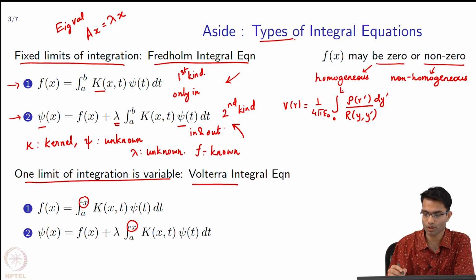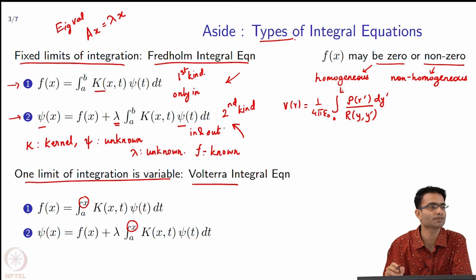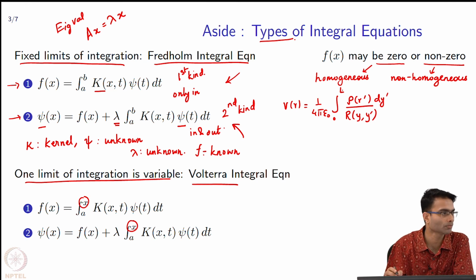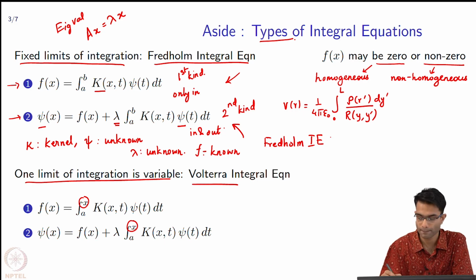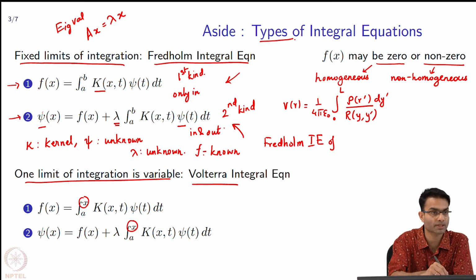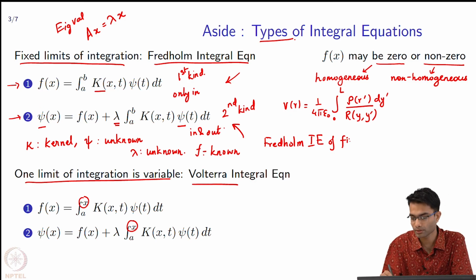So, what is the complete description of this integral equation? So, first of all, Fredholm, why not Volterra? Limits are known and fixed, right. So, it is a Fredholm integral equation, i.e. of which kind? First kind, right. The unknown is appearing only inside the integral sign. In the second one, it is also outside, right. So, of first kind.